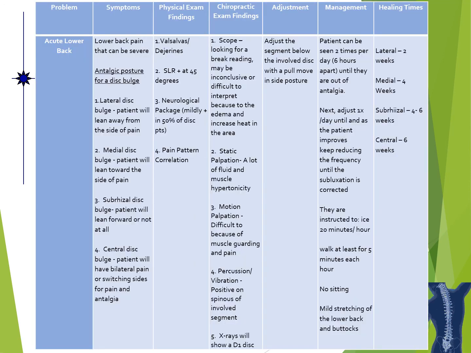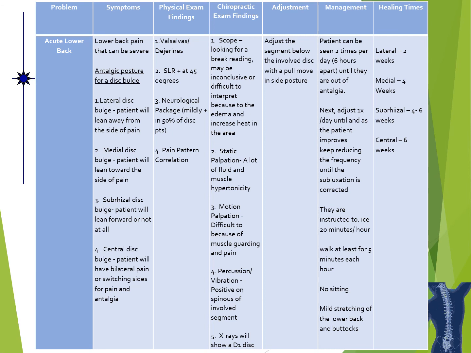But don't go away yet. What I have prepared for you, the next 3 slides, are a graphic or a chart that show you the differences between the acute lower back facet syndrome presentation and the spondylo presentation on patient presentation, your typical exam findings, your chiropractic findings, what adjustments are typically used, what's the management, and what's the approximate healing times for each of these cases.